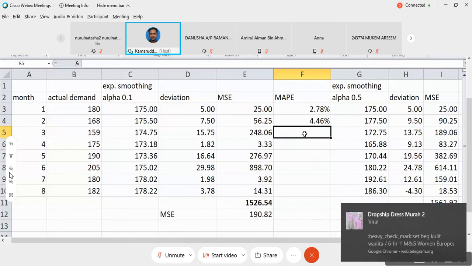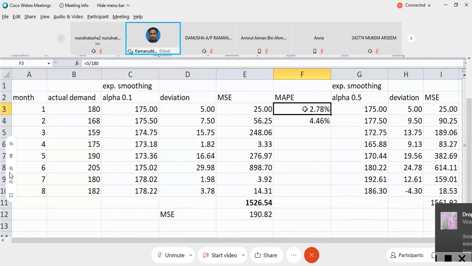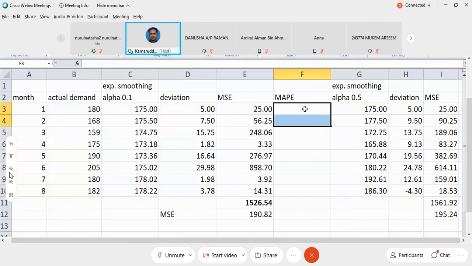Boleh tak? Macam mana kita dapat ni? Saya ulang sekali lagi. Macam mana kita nak dapat percentage value? Berdasarkan deviation 5 bahagi dengan actual demand. Berapa actual demand? 180 kan?